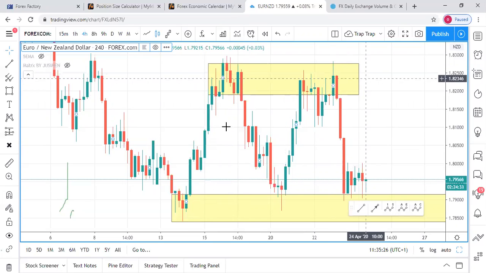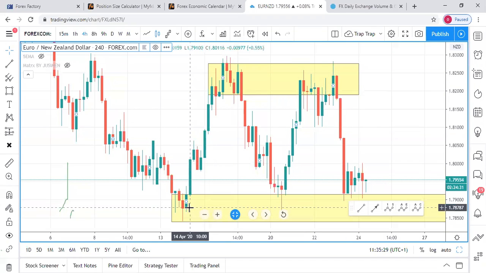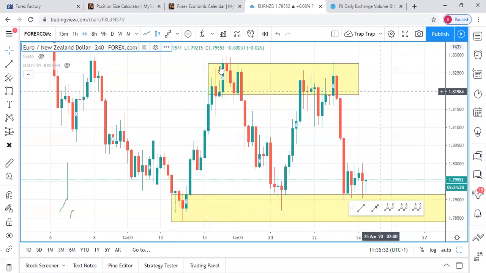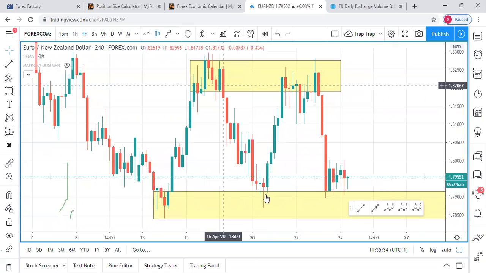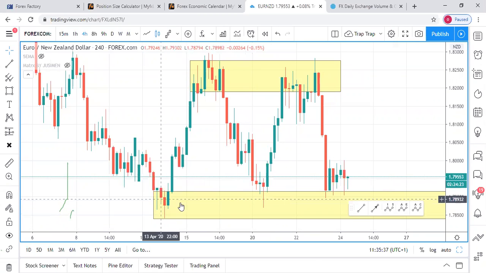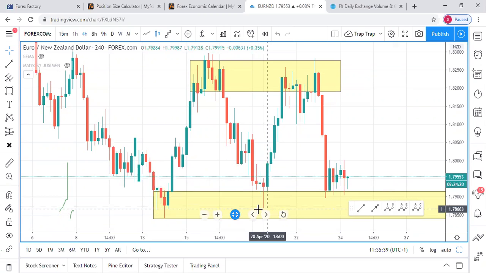So now I have a zone below and a zone above. Then when price begins to make its way down and get to this zone, I'll begin to look for reasons to buy. It doesn't mean I'll buy automatically, because price can break it and continue down. I'll just be looking for reasons to want to buy.